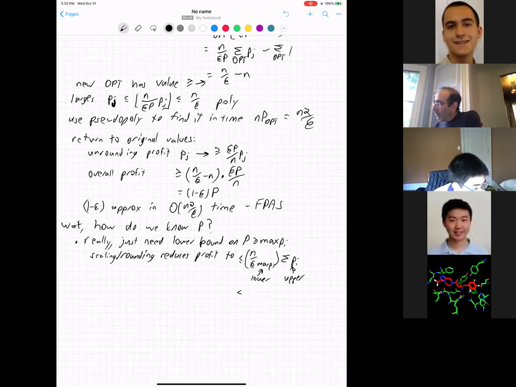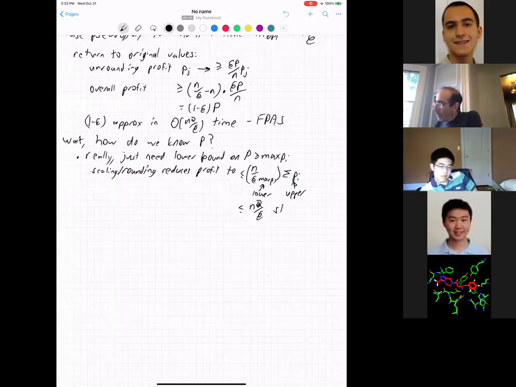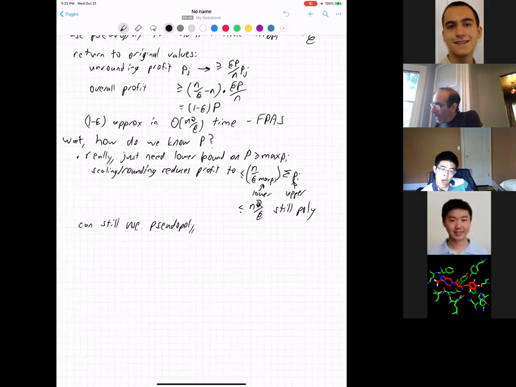Now the value of profit that we get is a little bigger, n squared over epsilon, but it's still polynomial. So we can still use the pseudo-polynomial algorithm, and the runtime will now increase to order n cubed over epsilon.